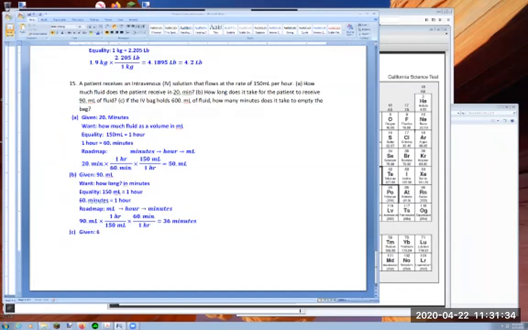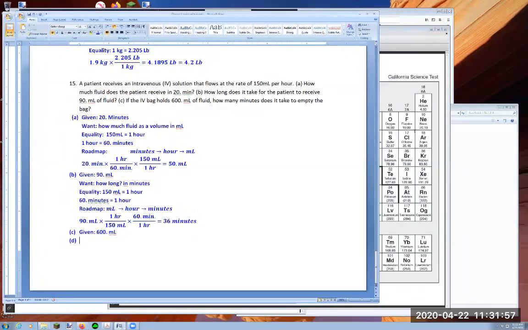So the 600 milliliters here is your given amount for that question. It's what you want to have delivered, this whole volume, and you want to know how many minutes it will take to empty that volume of 600 milliliters.